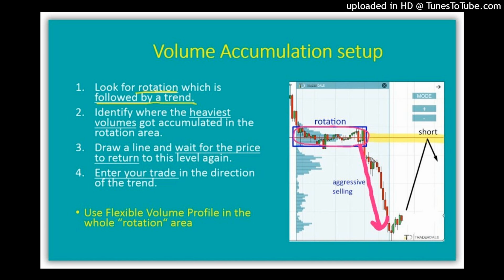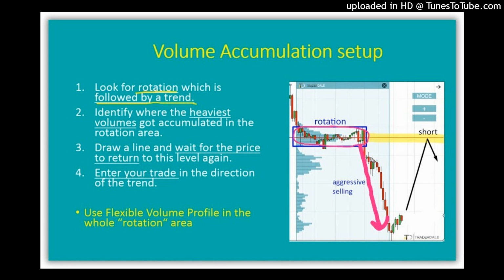And if there is buying activity afterwards, and then the price returns back to the heavy volumes created within the rotation, then you don't go long from the level, because the price is likely to go downwards to test below this failed auction and create a successful auction. Alright, so if there is weak high or weak low or a failed auction, it's quite risky to enter your trade. So always watch out for those.